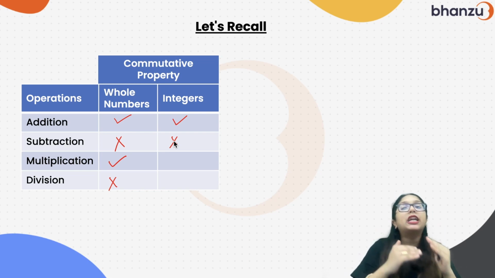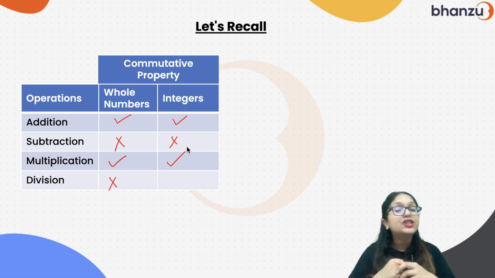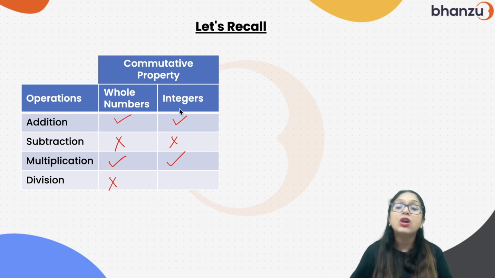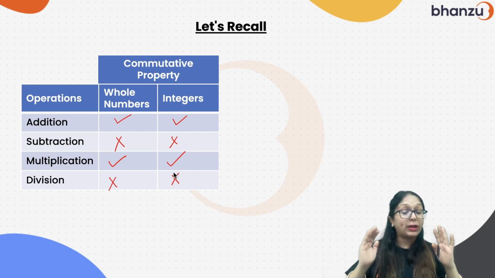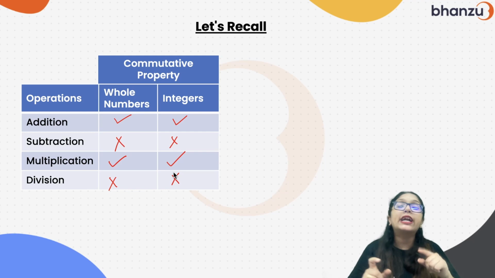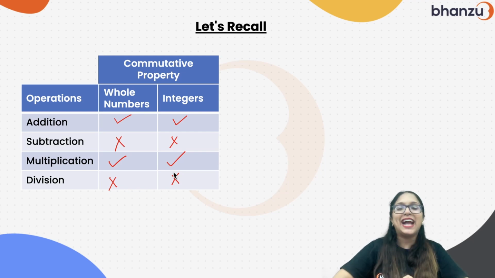Is minus 3 multiplied by minus 4 same as minus 4 multiplied by minus 3? Yes. And what about division? Is minus 4 divided by 3 same as 3 divided by minus 4? No. So this is what we have spoken about commutative property. You can even pause the video and quickly solve and check the answer.